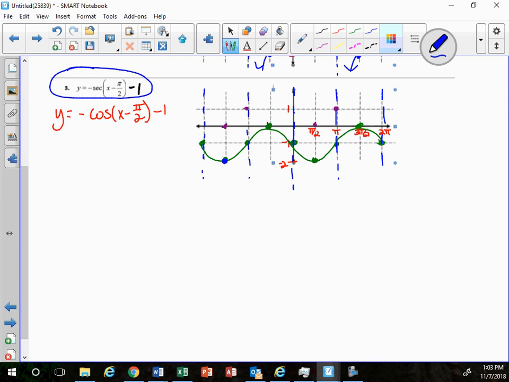And then from the minimum values, you go down. From the maximum values, you go up. So again, blue is my final answer. Does that make sense with the shifting, how those asymptotes still work?